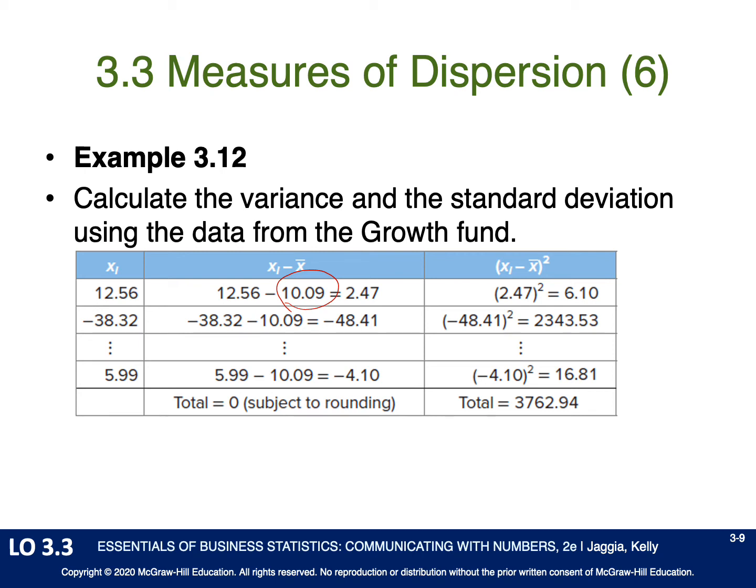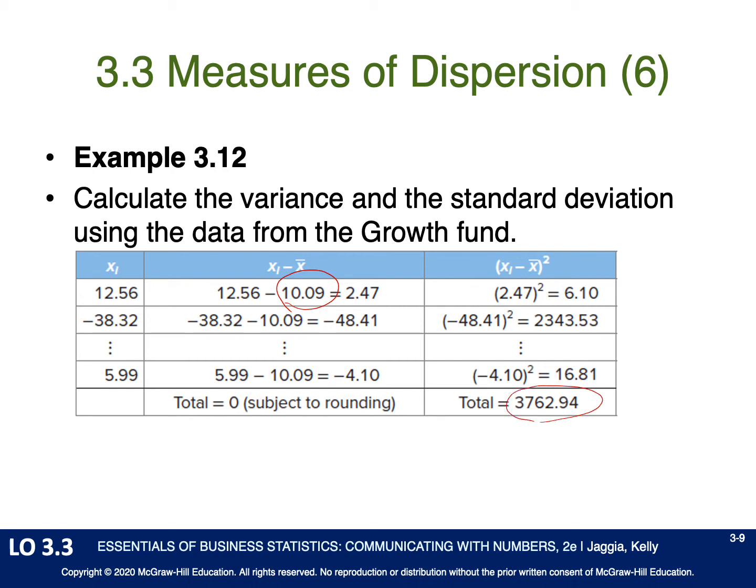Our first observation was a 12.56% return in 2007. Minus the mean of 10.09 gives us 2.47. When we square that, we get 6.10. We're going to do that all the way down for each of the 10 observations and then total that up.